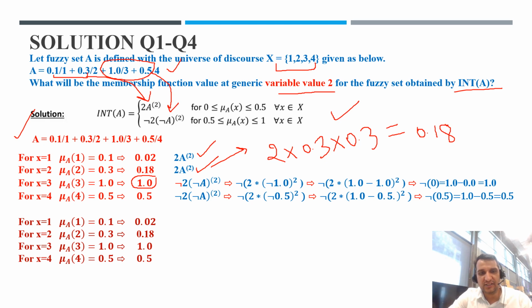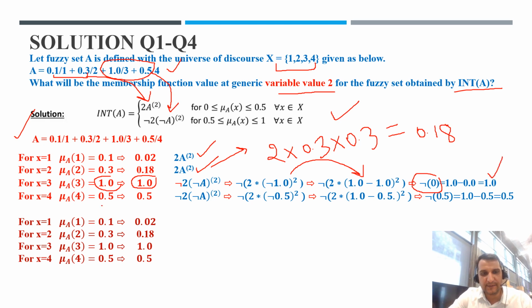In this case it is 1, so negation of 1 means 1 minus 1, which is 0. 2 multiplied by 0 is 0, and negation of 0 is again 1 minus 0, that is 1, right?